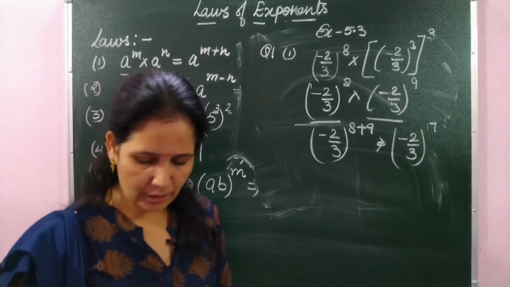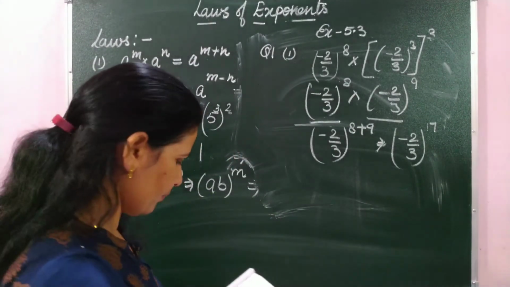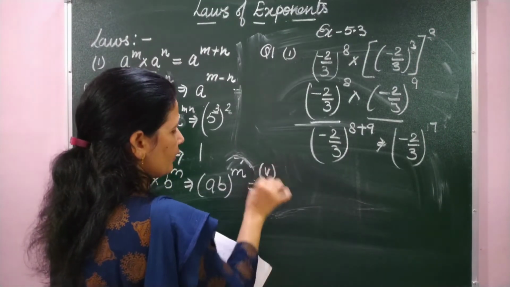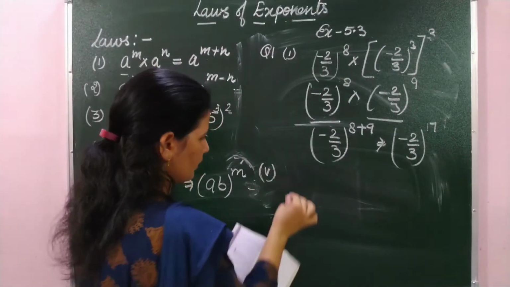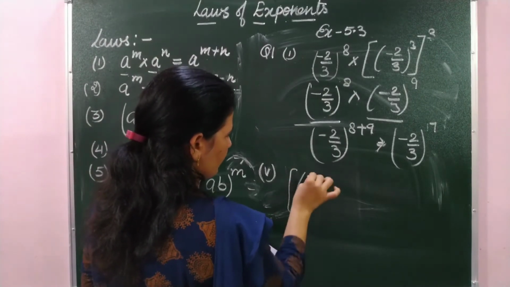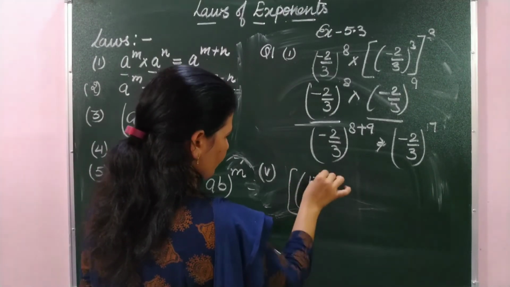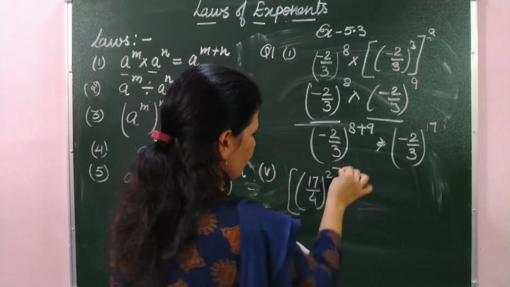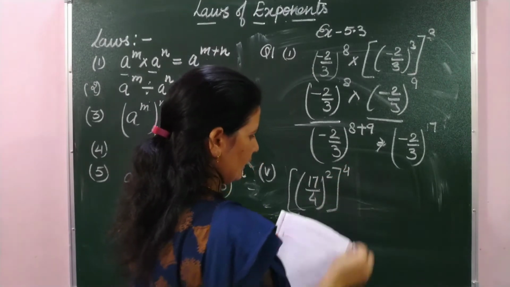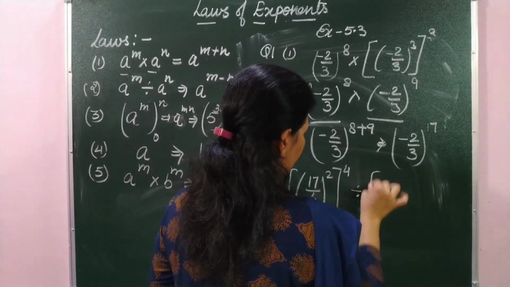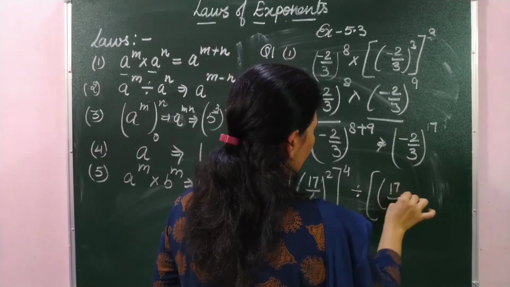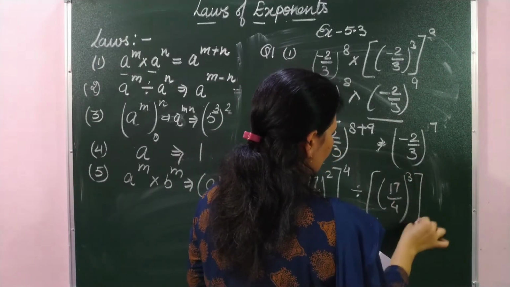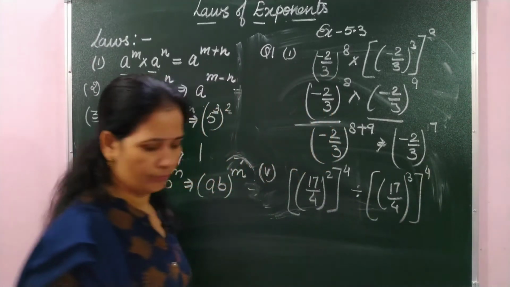Okay, now let's take one more example. Now I am taking its fifth part. In the fifth part they have given 17 by 4 whole power 2 and power with power 4, then divided by 17 by 4 whole power 3 and power to the power 4.